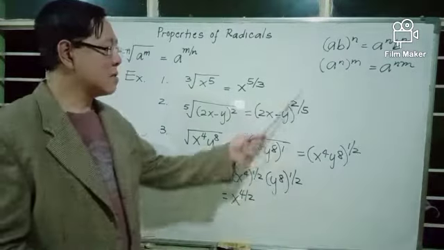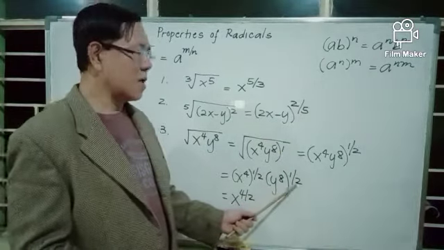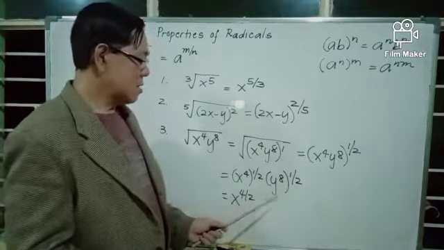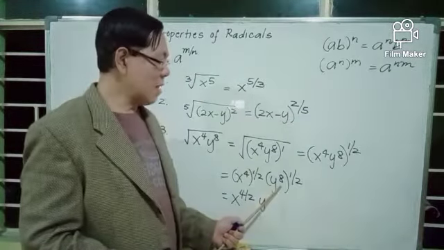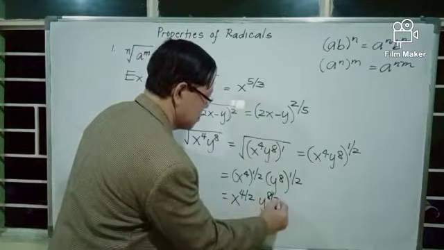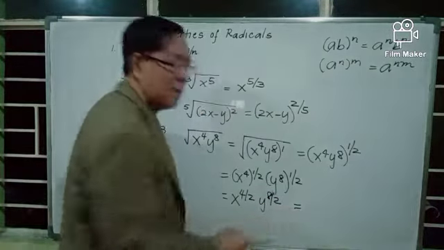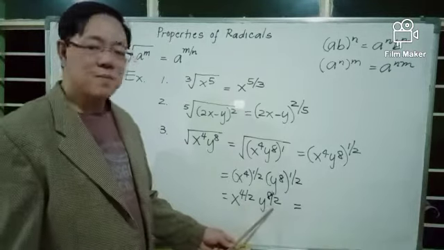We apply the same property of exponent to this y raised to 8 raised to 1/2, and it's equal to y raised to 8 multiplied by 1/2, that's 8 over 2. Now we simplify this fraction.